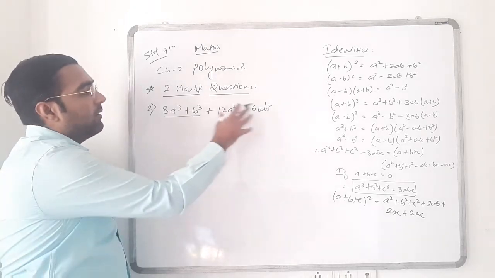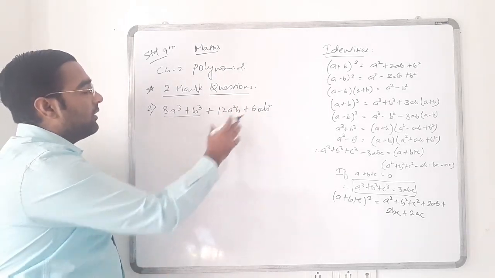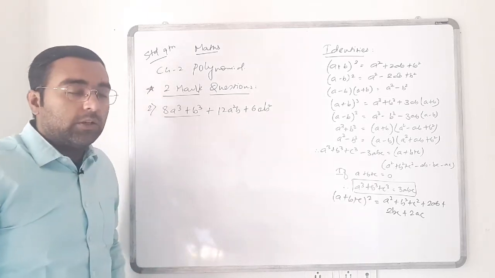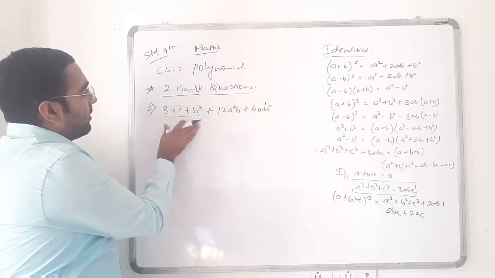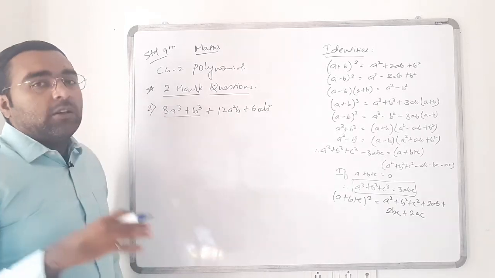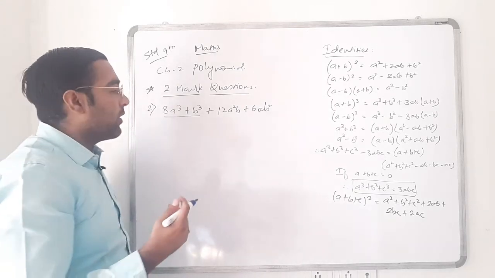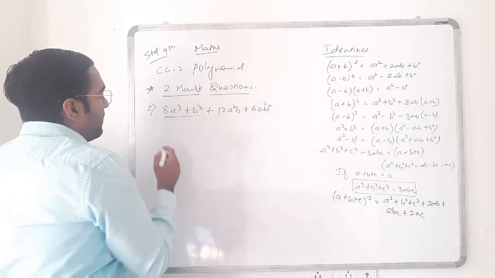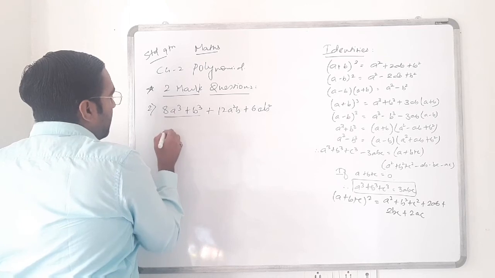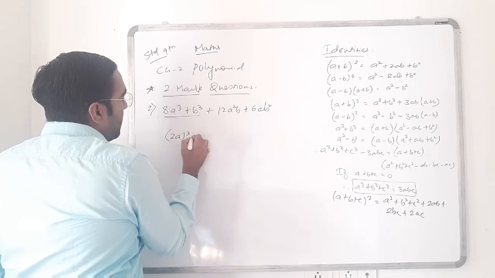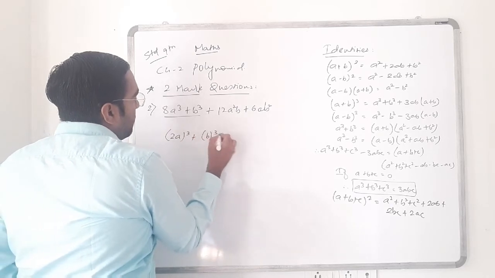Simply after that, I can't take the solution of these two terms, but I know that the first two terms are the cube of some numbers. So I'll take 2a cube plus b cube.